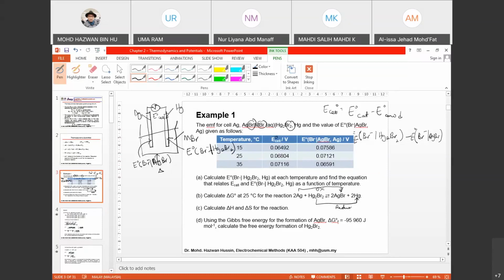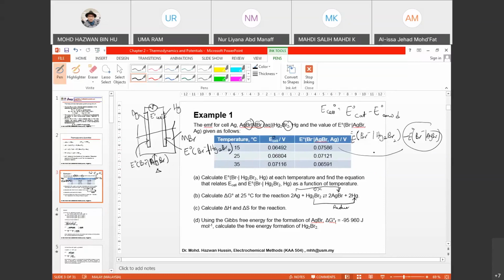So the value of the anodic potential is given at a different temperature. The value of E cell at different temperature is also given. So question A: calculate the standard potential of the cathode.